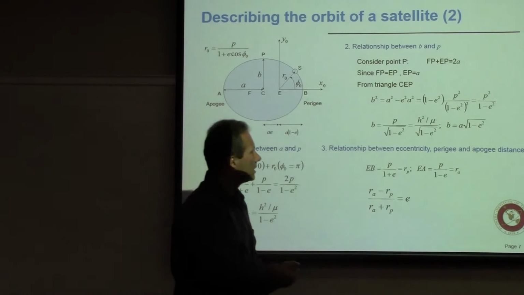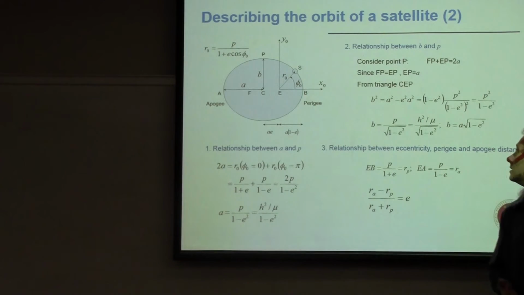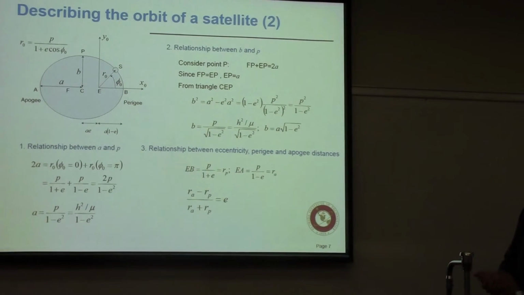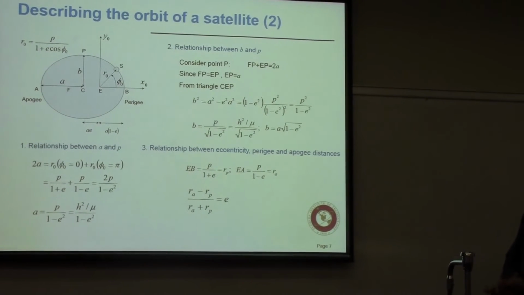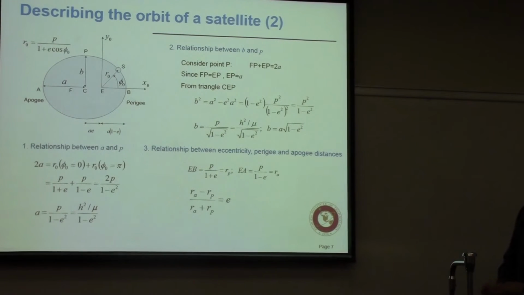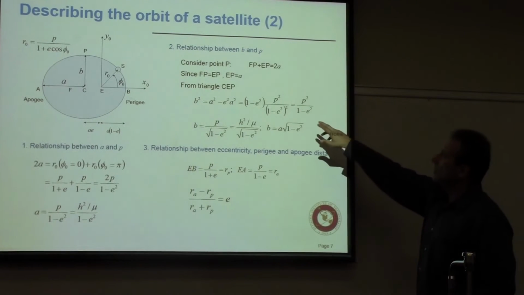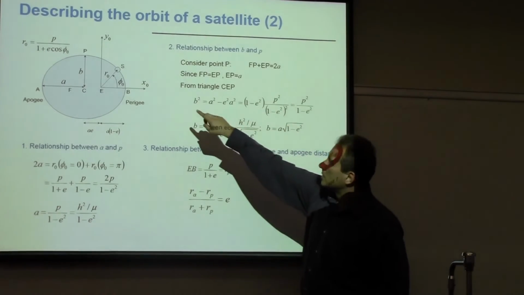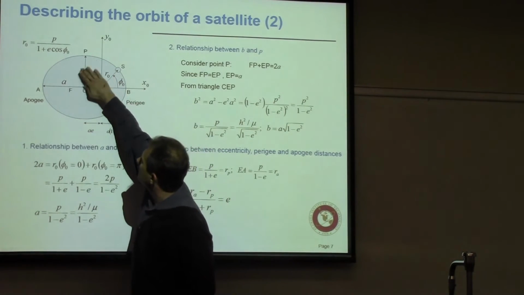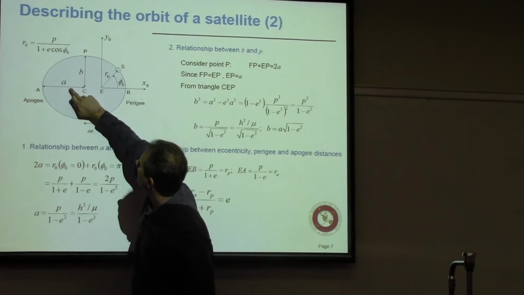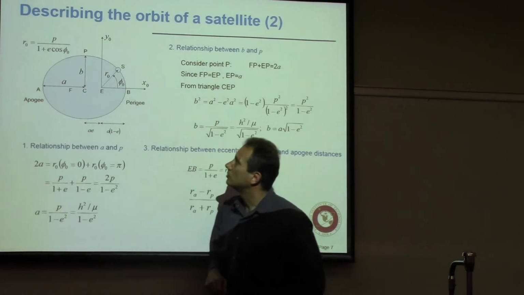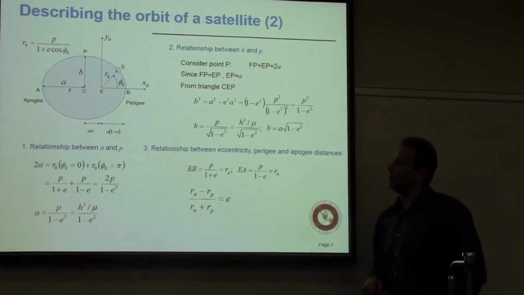Likewise, we can derive an equation that relates the semi-minor axis to P and E. Now consider the point P. If you put the satellite at this point and you observe the two focal points, then the distance from every focal point to P is going to be equal to A, right?